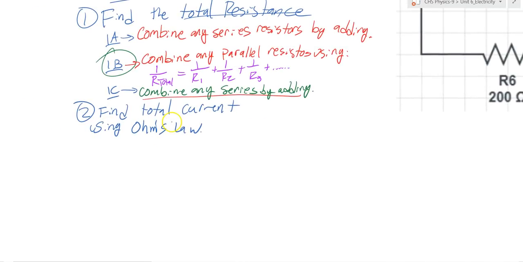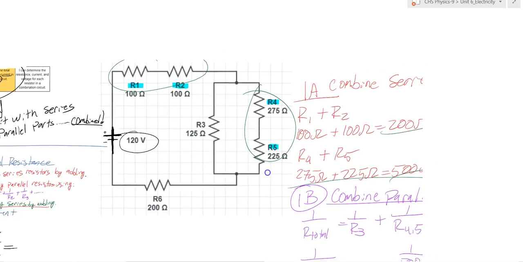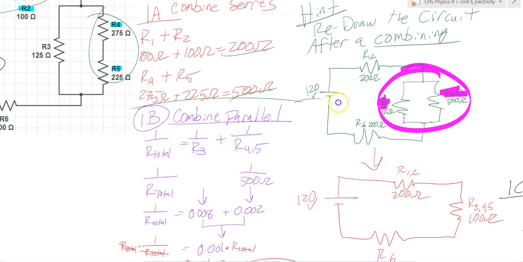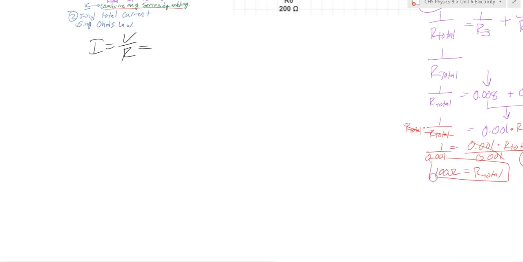So now we just have to find the total current using Ohm's law. So here we go. I equals V over R. Our total voltage is 120 volts. Okay.